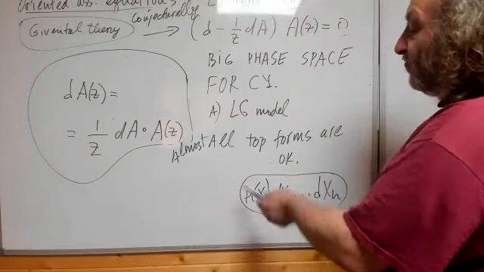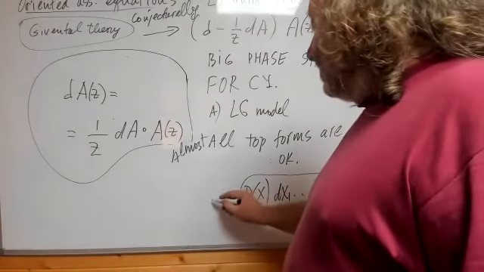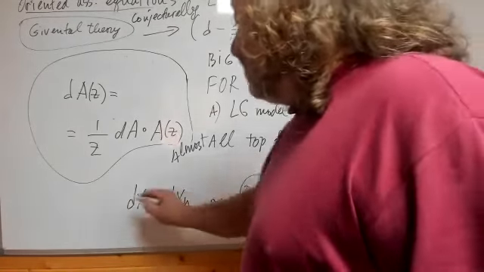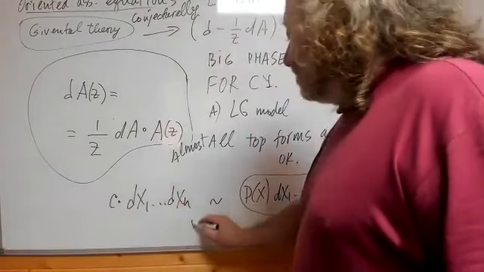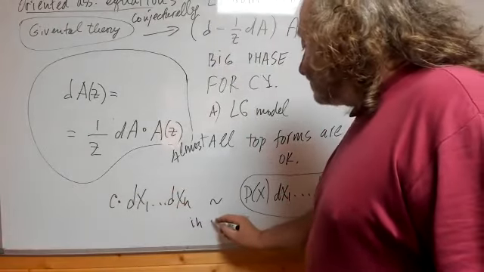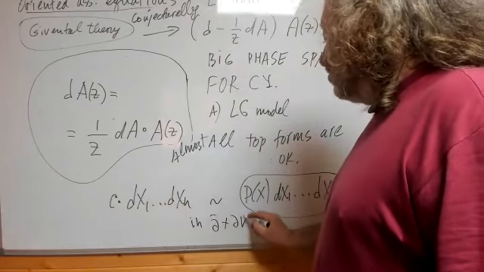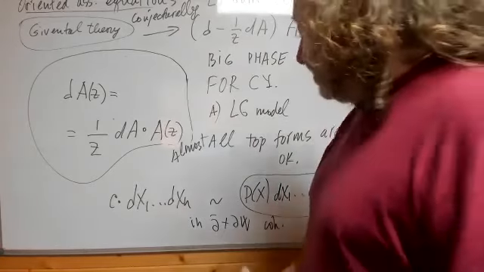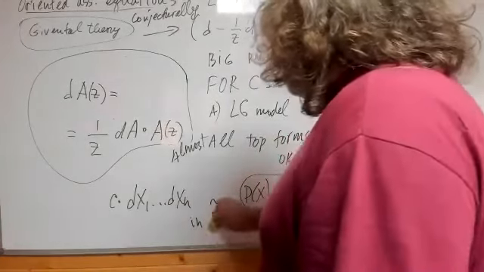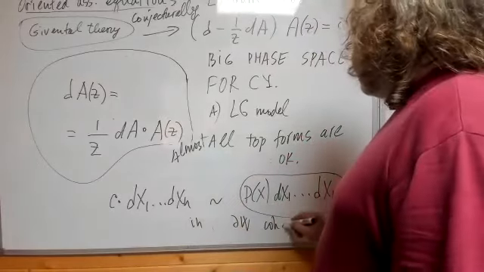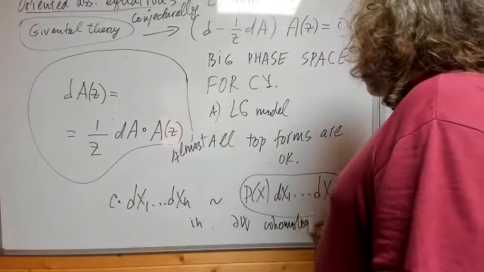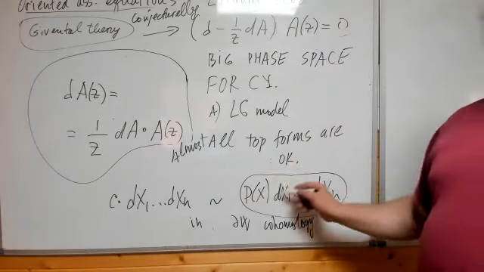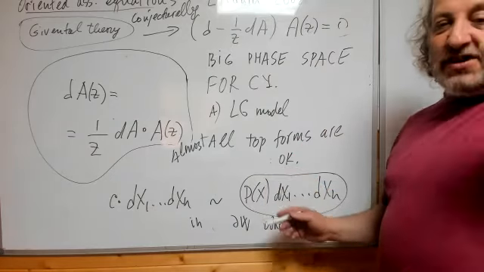You just need this form to be equivalent to dx1...dxn, maybe with some constant, in the d bar plus dw cohomology. So it means that P of x should not have zeros in some particular places.